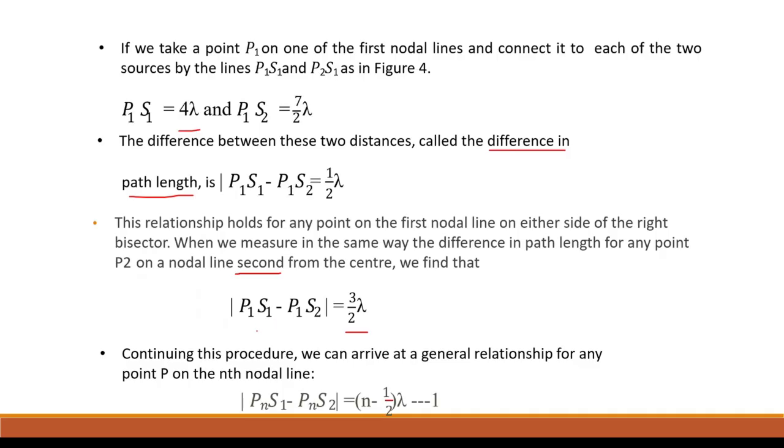And so if we continue this, we find a general relationship for a point P on the nth nodal line. And so we can say that Pn S1 minus Pn S2 equals (n minus half) lambda. And this was also just equation 1.